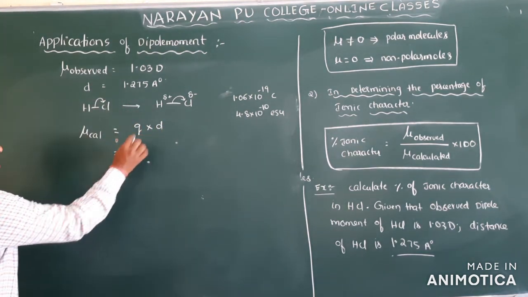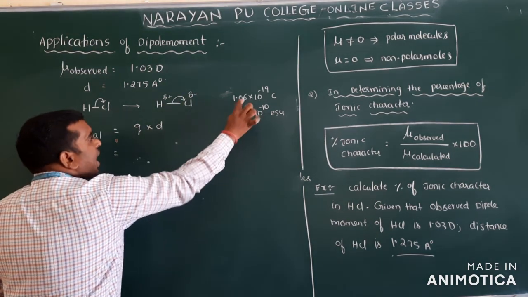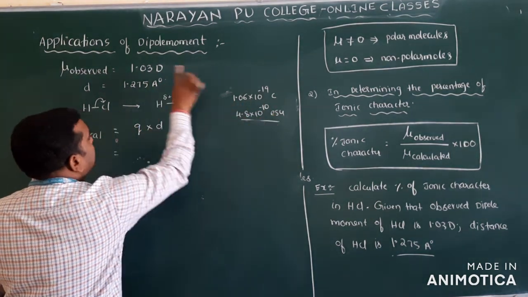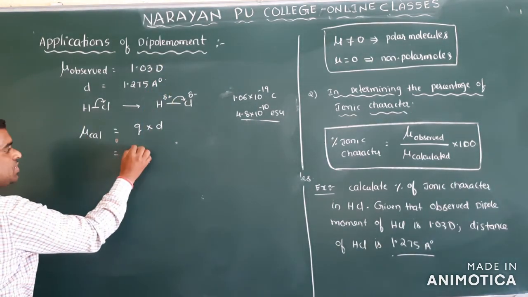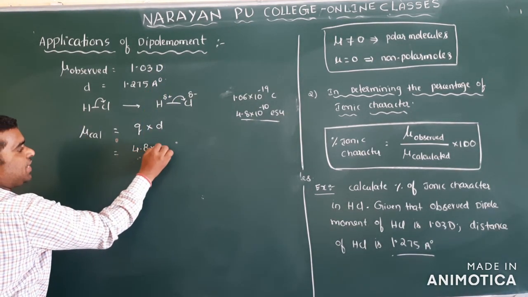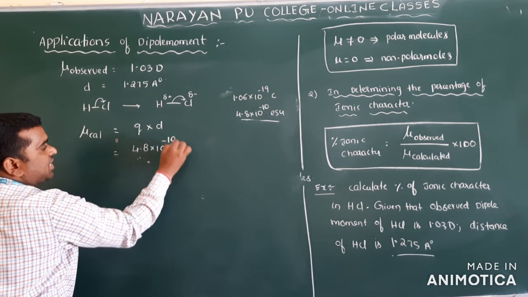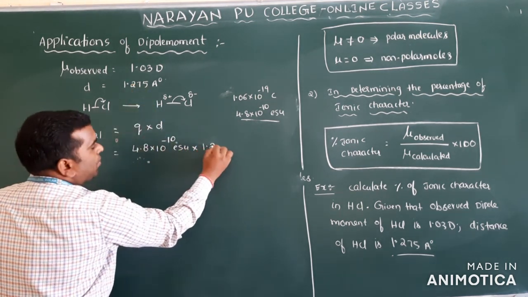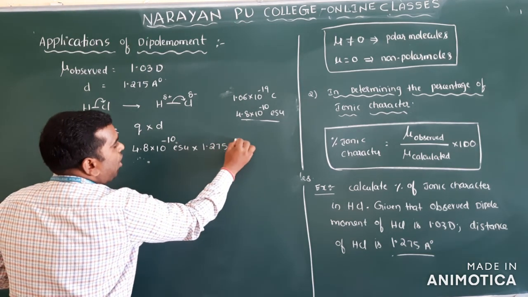So since it is 1 unit charge, I will take the ESU value, because we know the relation between ESU and Debye. So Q is equal to 4.8 into 10 power minus 10 ESU, into the distance they have given, 1.275 angstrom.